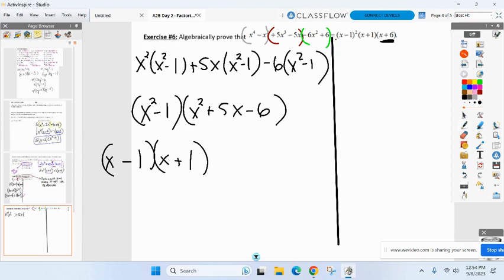Yesterday, we did a lot of this. How many terms? 3. The number out in front is 1, so we're playing the game, right? Numbers that multiply to -6, but add to 5.